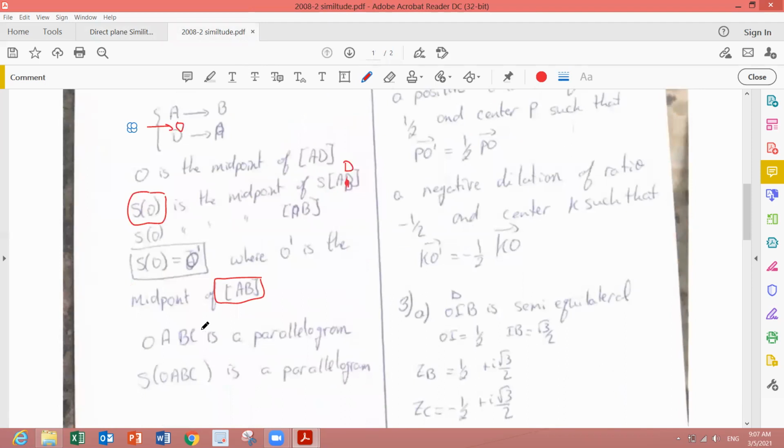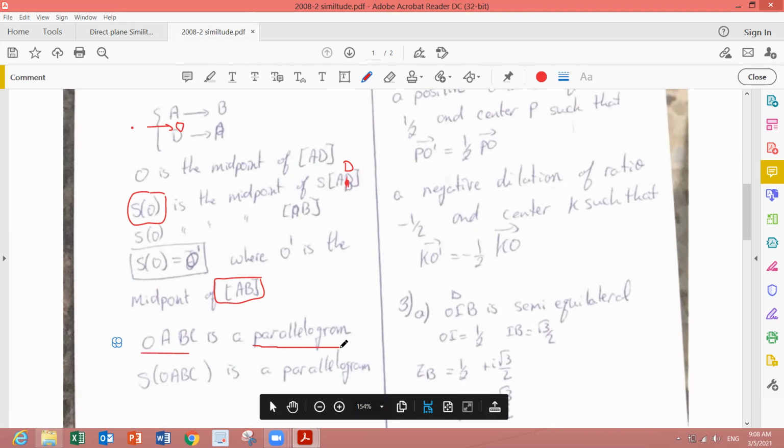So we can say OABC is a parallelogram. So S of OABC is a parallelogram also.